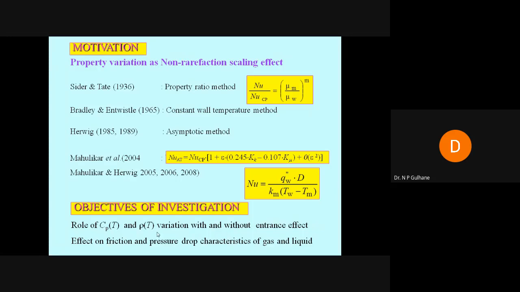Basically, in water, density is a function of only temperature. But if you see compressible flow and a compressible fluid like air, density is a function of both temperature and pressure. Sensitivity of density with respect to pressure, that is SROP, and sensitivity of density with respect to temperature, that is SROT.